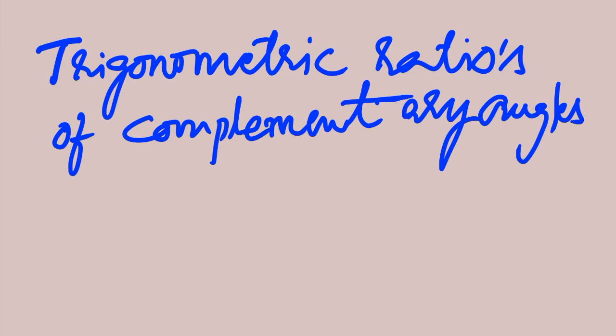To understand the trigonometric ratios of complementary angles, first I'll take a right angle triangle, and here I'm giving names angle A, angle B and angle C. We all know that in a right angle triangle one angle must be 90 degrees, here angle B is 90.